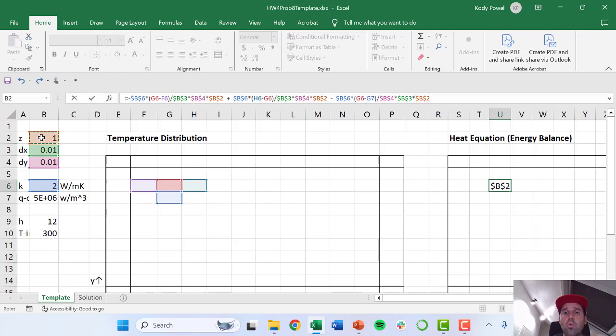All right, so this is my y in term, and then finally my y out term, and remember the out terms had a positive on them just because of the way that Fourier's law works.